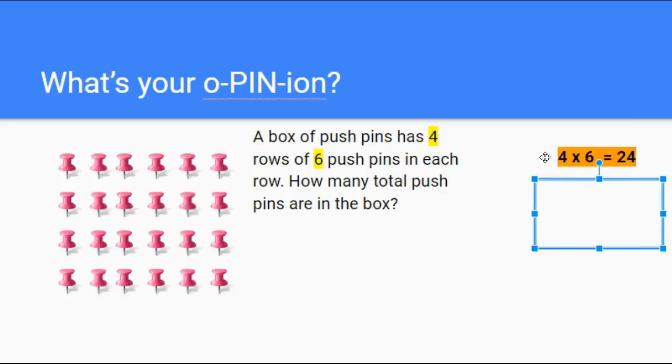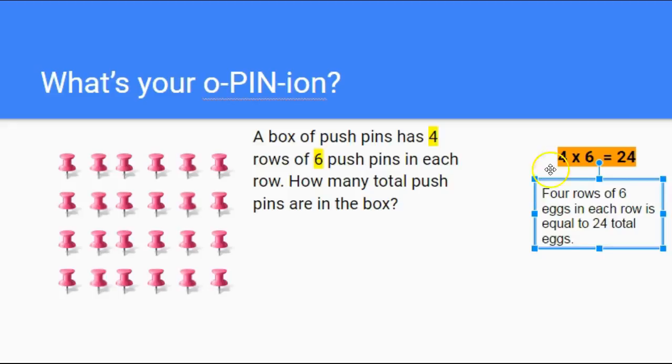So that says 4 rows of 6 eggs in each row is equal to 24 total eggs.